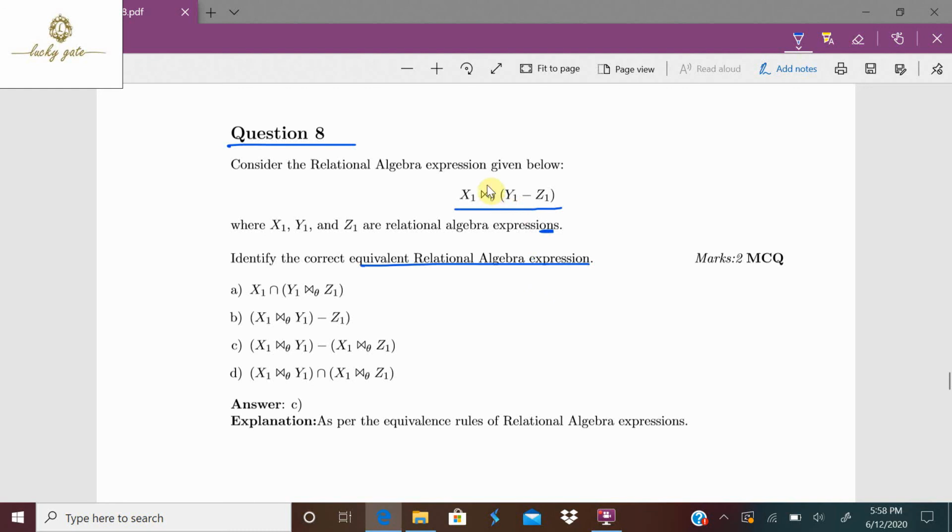Here join and minus will follow the distributive law, so it will be rewritten as x1 join with y1 minus, according to distribution, x1 join with z1. This is according to the equivalence rules of relational algebra expressions. So this is the same as x1 join y1 minus x1 join z1. That is matching with option C.